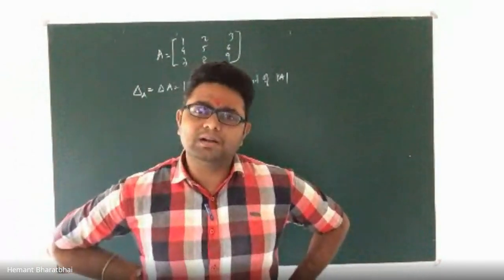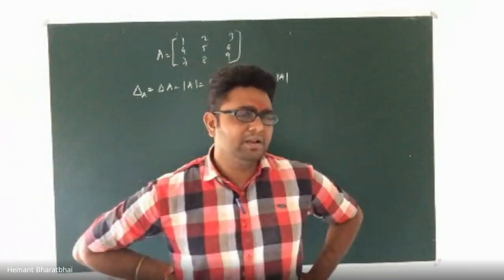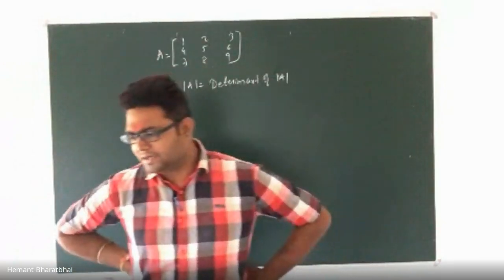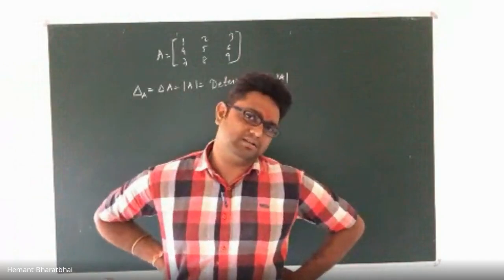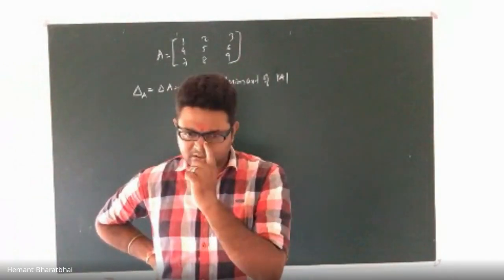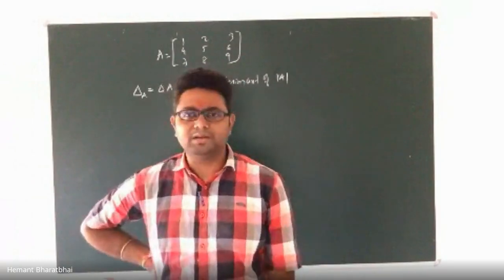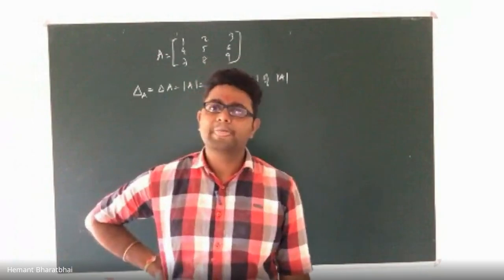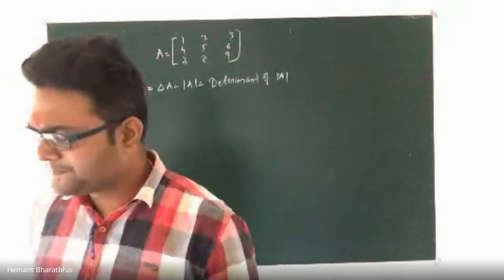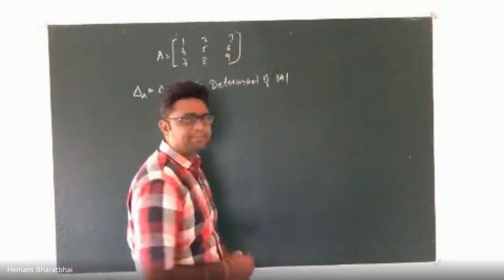Once we go to the determinant chapter, I can show you there are many different ways by which you can find the determinant. But in this chapter on matrices, I am going to show you only one method. There are 4 or more methods by which you can find the determinant, but I am going to show only one. This is required in this chapter.